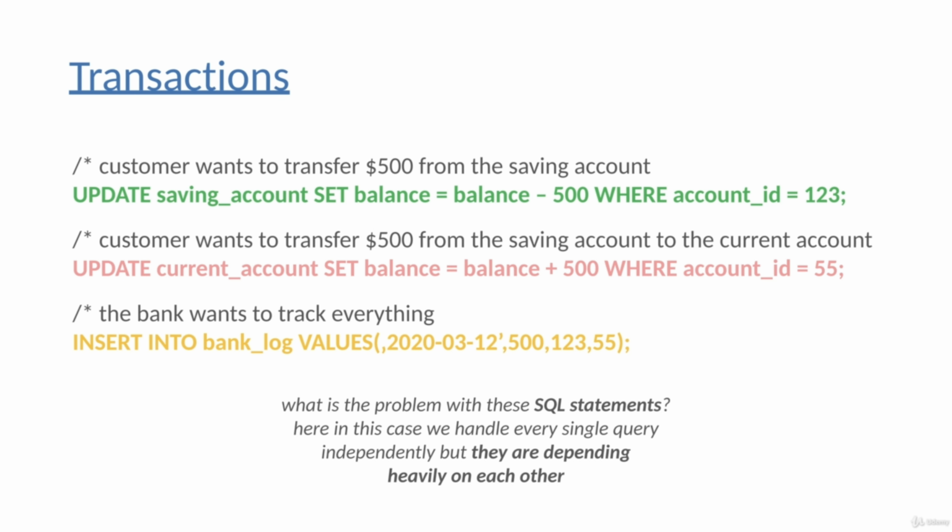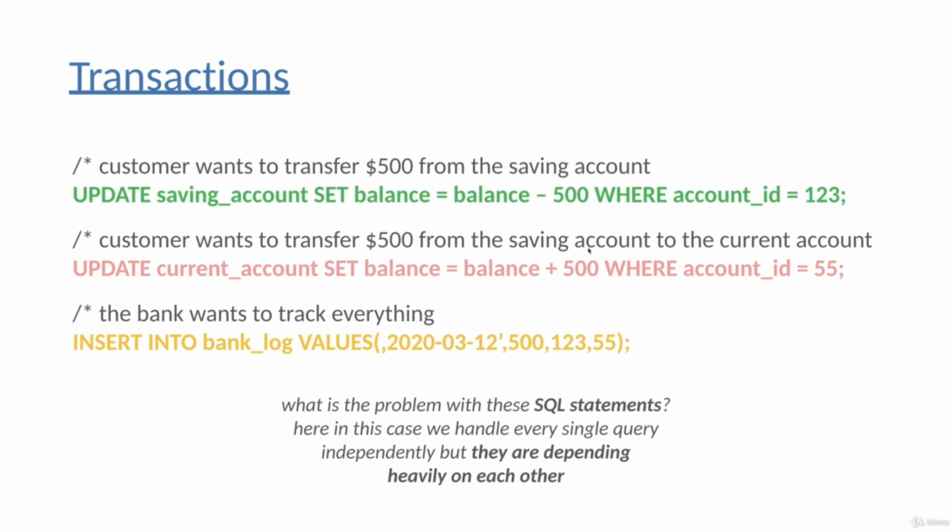Because let's suppose the situation that we have managed to execute the first SQL query and we decremented the balance as far as the savings account is concerned, but there is an error as far as updating the current account is concerned, and the balance is not going to be incremented by 500.